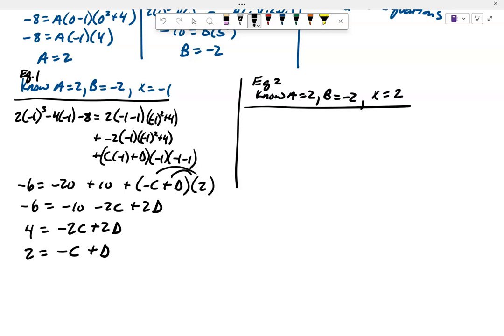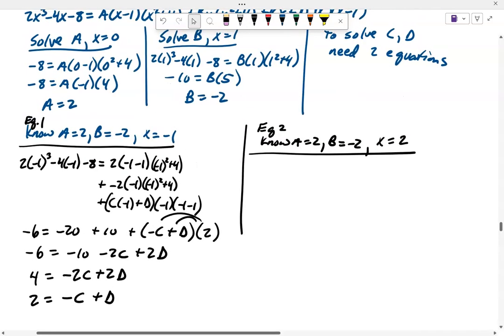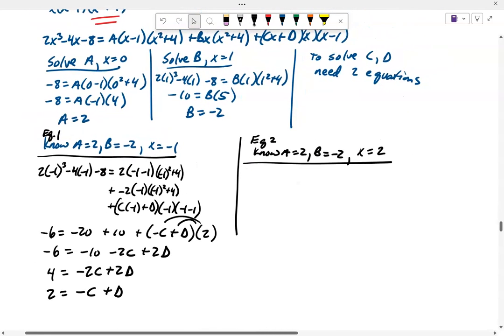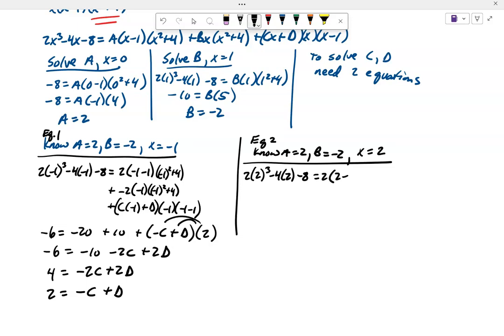Now I'm going to let x be 2. Get my x up here, so 2. Plus b times x squared plus 4, plus c times x, times x times x minus 1.